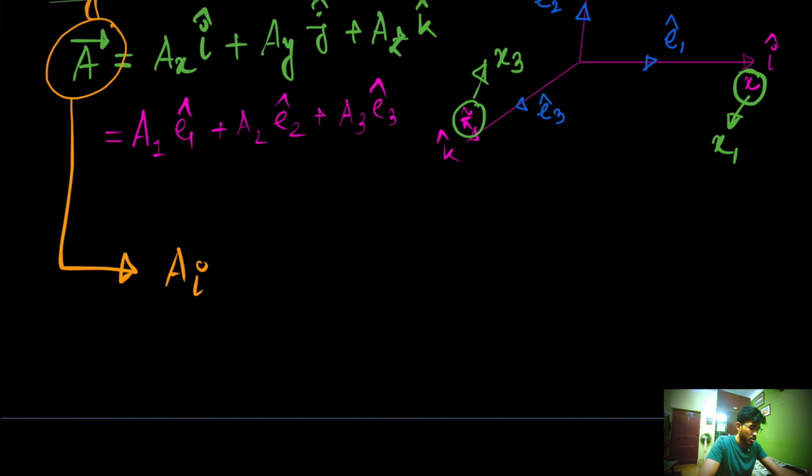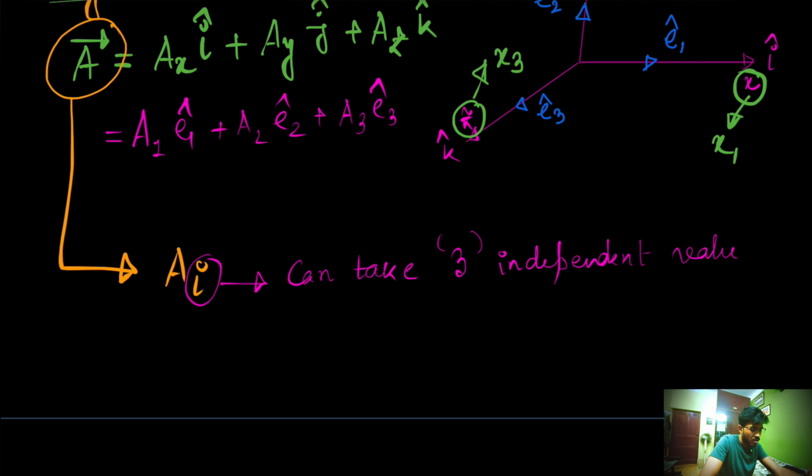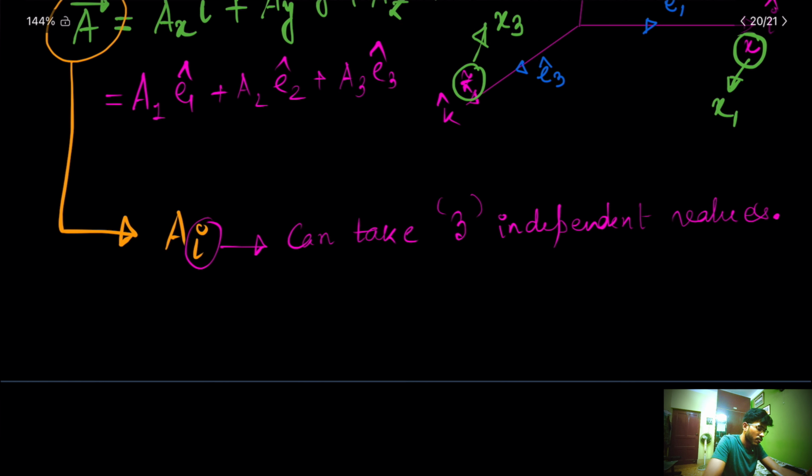Now this is the beginning of the index notation. Here this i can take three independent values. So for i equals 1, it will be A1 and it will denote the x1 component.